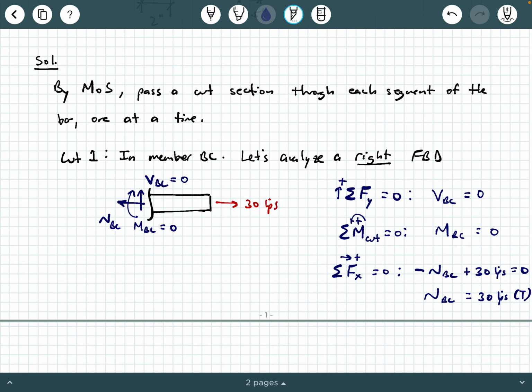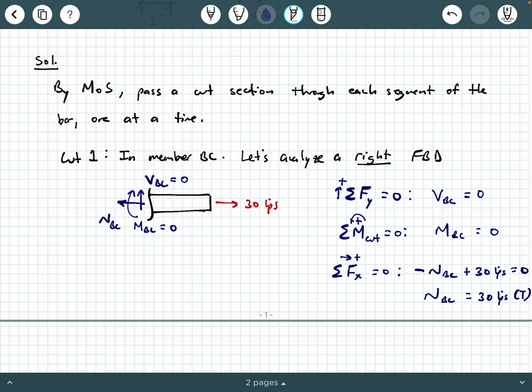Whenever you have an unknown force, you have to assume its direction, okay? Now, the orientation of it is pretty straightforward. The orientation of NBC is at 0 degrees. It's horizontal, okay, because it's a normal force, i.e. perpendicular to this cut section. But I'm assuming it's pointing to the left, okay?